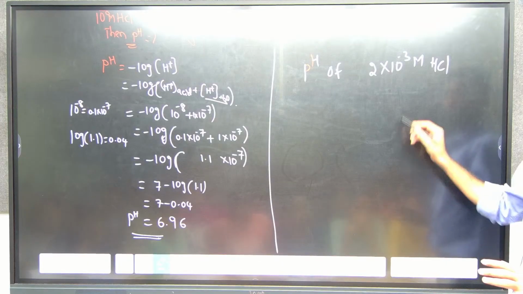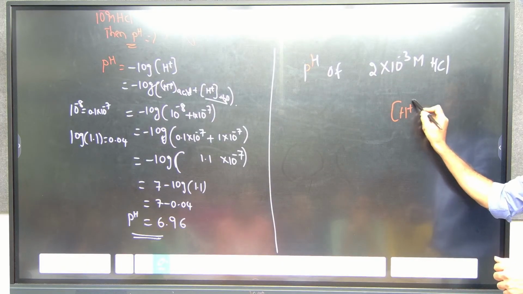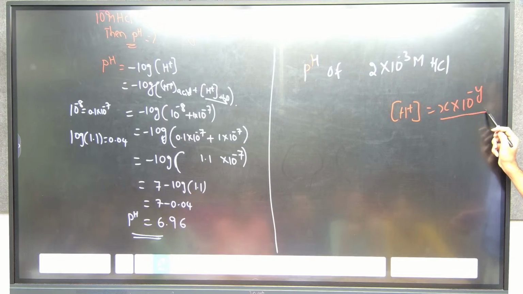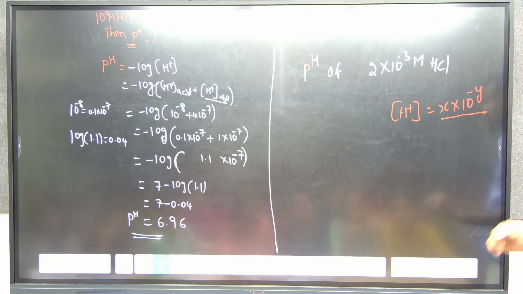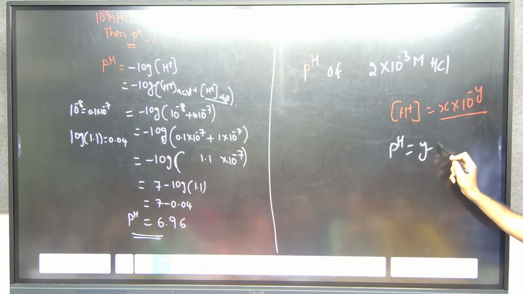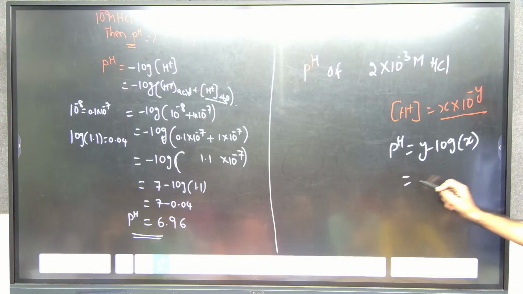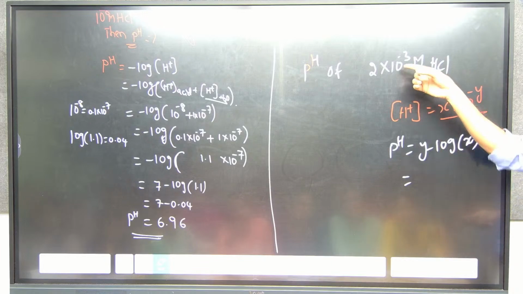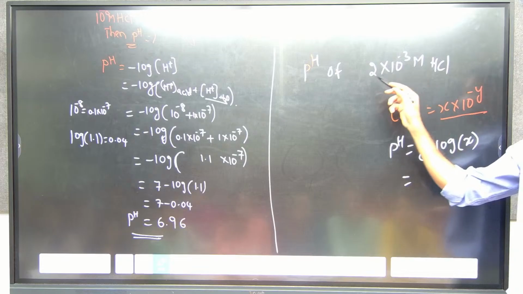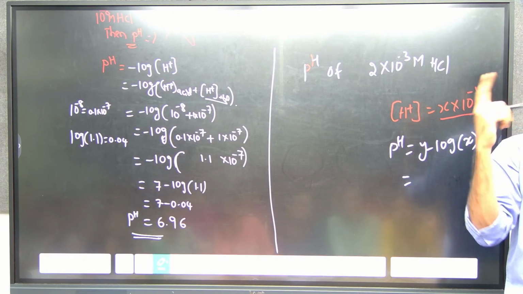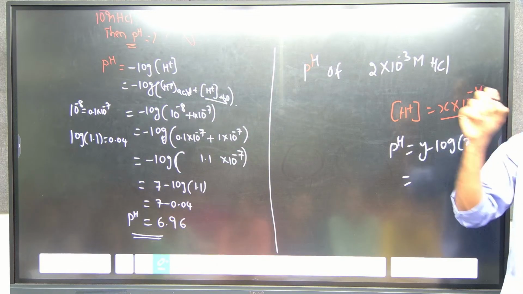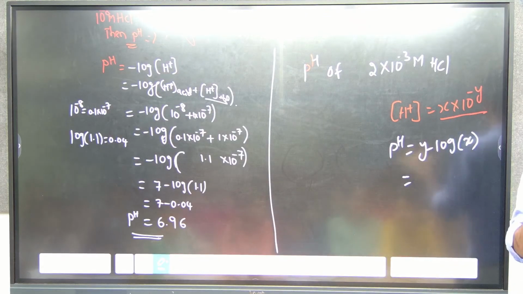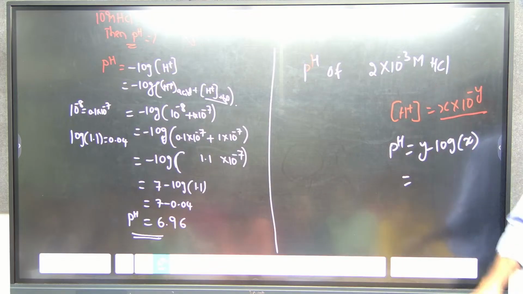What to do is, whenever the H plus ion concentration is x into 10 power minus y, is it in this format or not? Here x is 2, y is 3. So you take pH equals y minus log x. That means we first take y, then minus log of this x, and you will get the answer. Now how do we do this? 3 minus log 2. Log 2 is 0.3. So 3 minus 0.3, 2.7. It comes out as 2.69, that is the answer. Is this clear to everyone? Yeah.